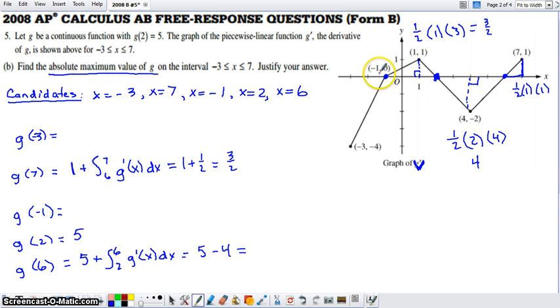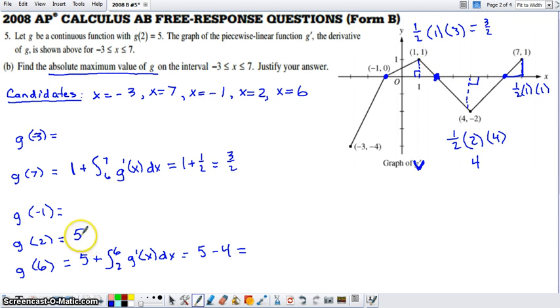So from the t value of -1 to the t value of 2, the position of the object has gone up given the positive velocity, or the function value has gone up given the positive derivative, hence increasing function, by this much.